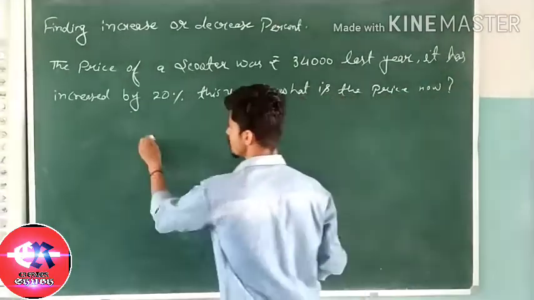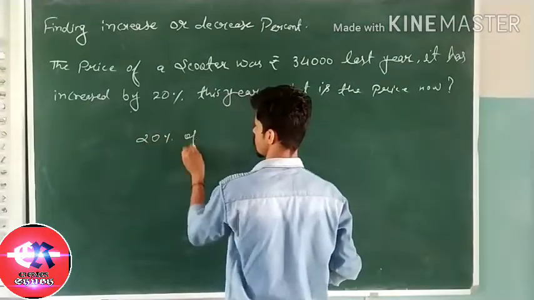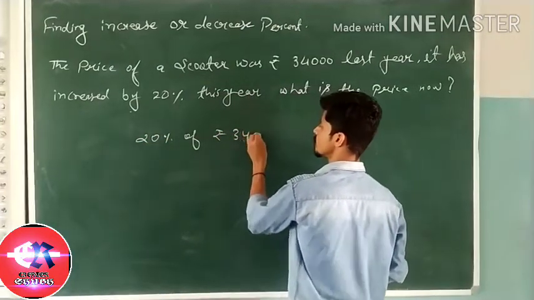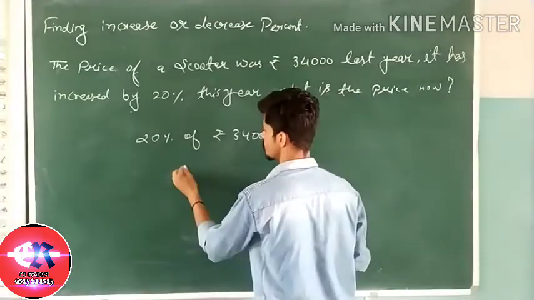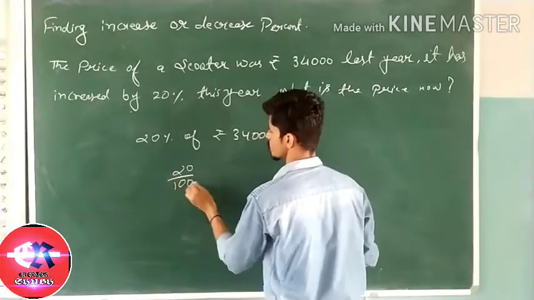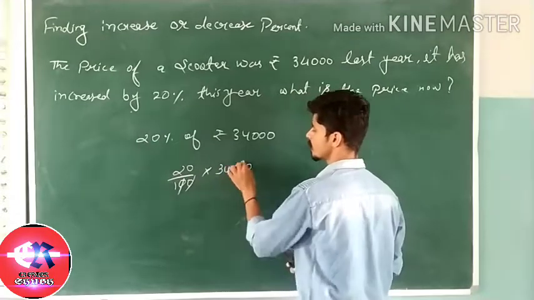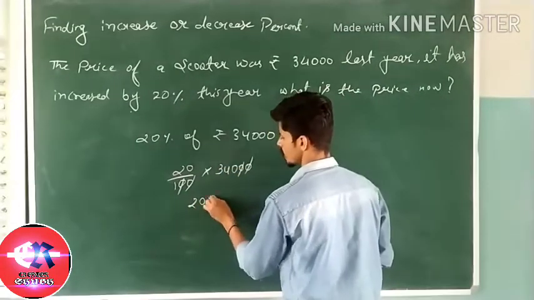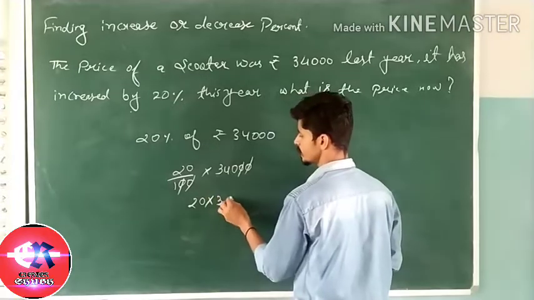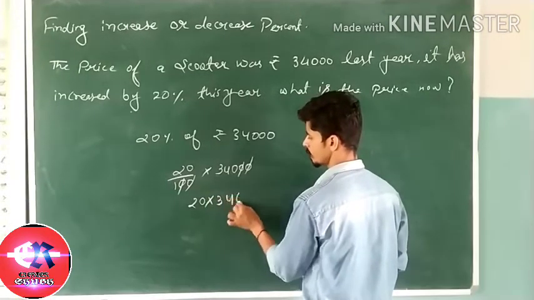So we have to find 20% of rupees 34,000. What is the percentage? So 20% into 34,000, 0 will be cut. Now we get 20 into 340.